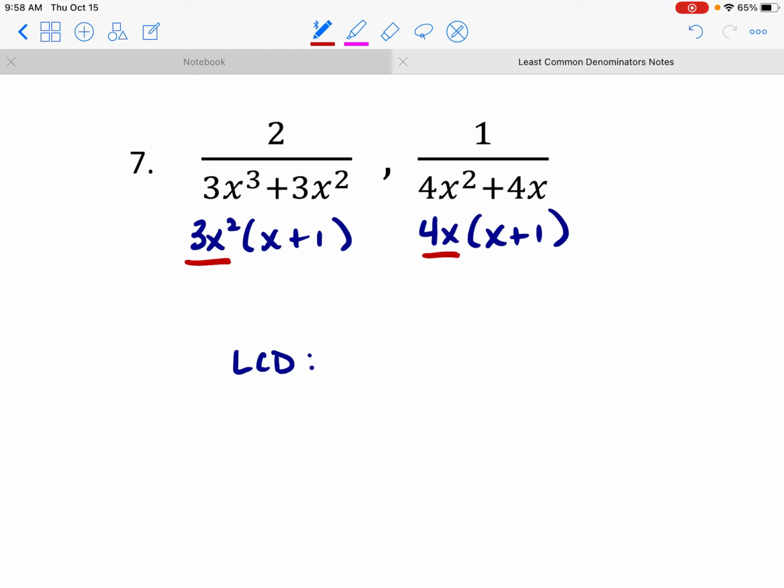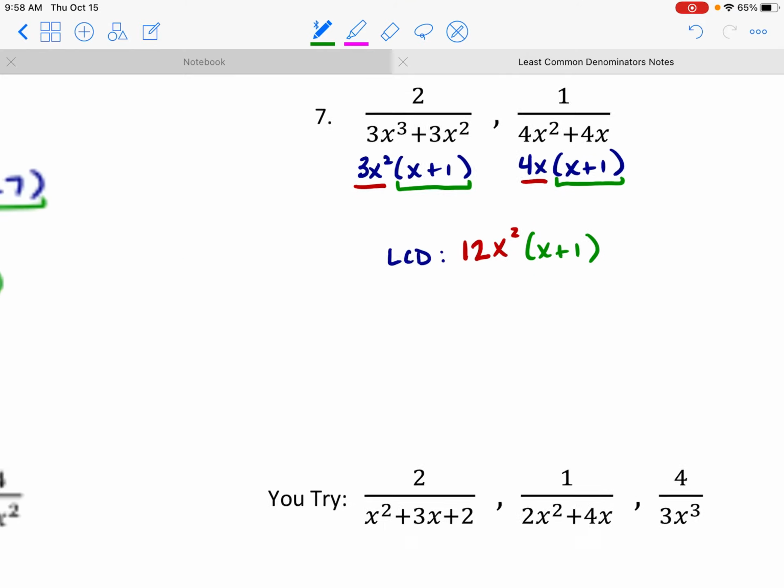So the smallest number 3 and 4 go into is going to be 12. And we got an x squared next to the first, which means I need an x squared with that 12. So that 12x squared takes care of those coefficients in the single terms. And then one of each binomial. So if I have an x plus 1 that occurs in these denominators, then I need an x plus 1 in my common denominator. Okay?